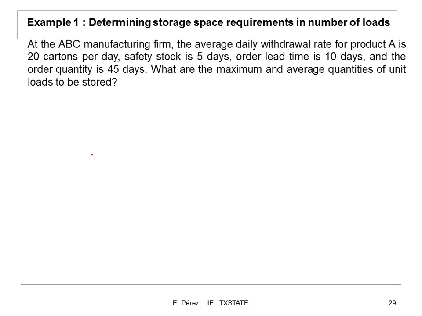And the order quantity is 45 days. The question is, what are the maximum and average quantities of load to be stored? Okay, so we have some design requirements, and we want to estimate what will be the maximum and average quantities of unit loads.